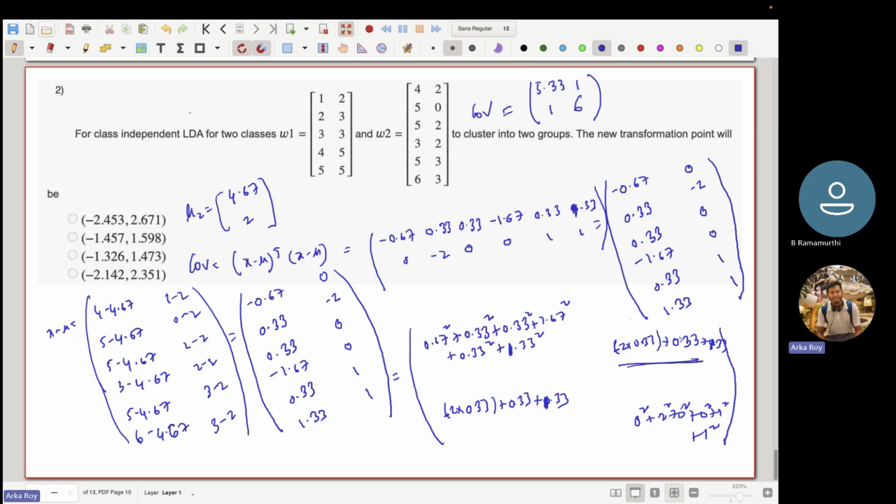So we have achieved mu2 as 4.67, 2 and the covariance 2.